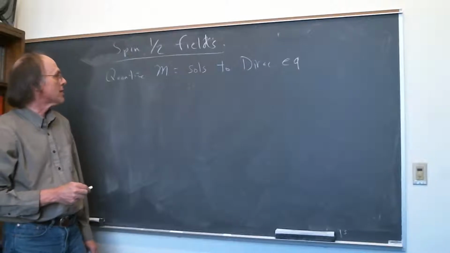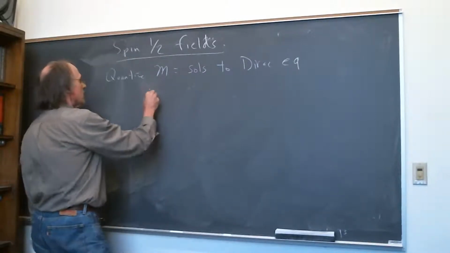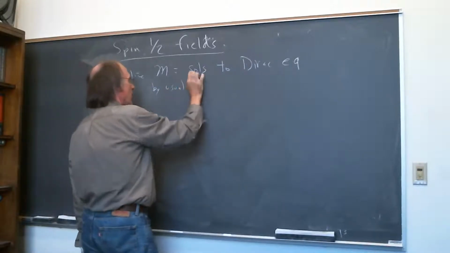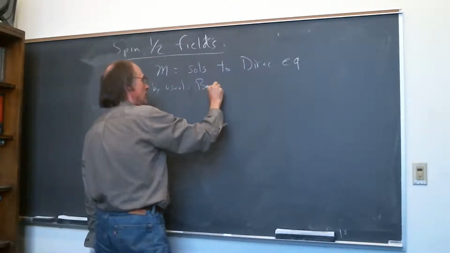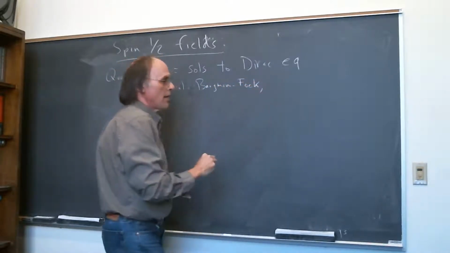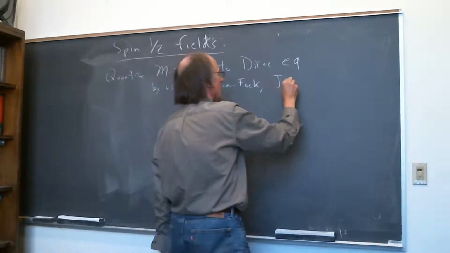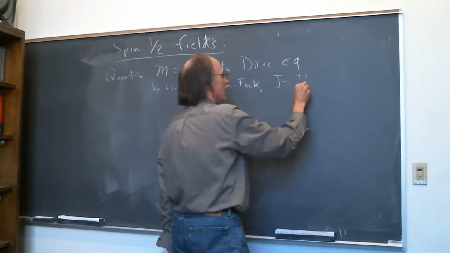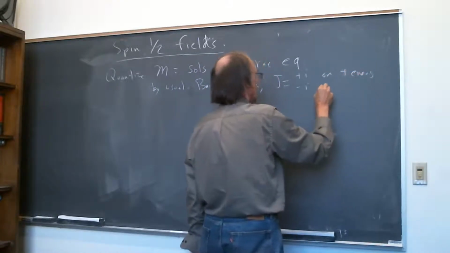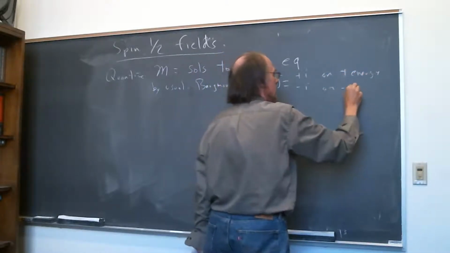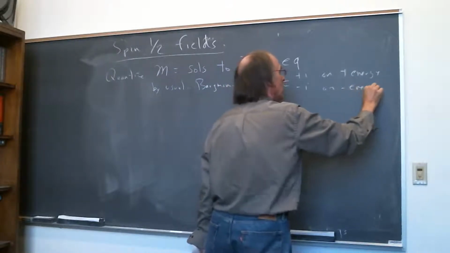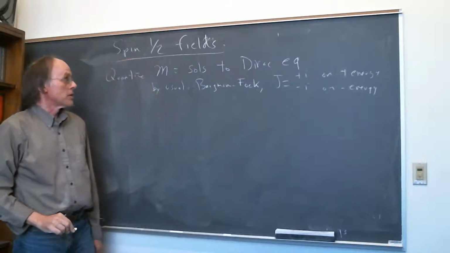Okay, so that's in some sense all that goes on here. We're going to quantize by the usual Bargmann-Fock, and then your J is the thing that's plus i on positive energy and minus i on negative energy solutions.